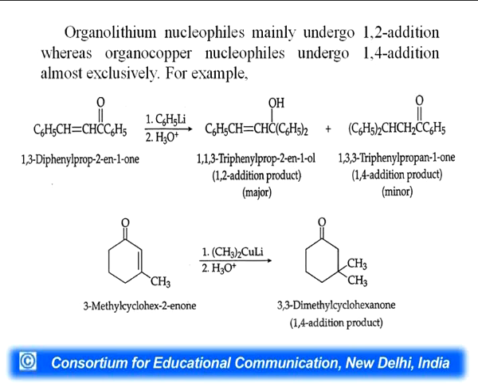The product is 1,1,3-triphenylprop-2-en-1-ol and the minor product is 1,3,3-triphenylpropan-1-one. Another example is when organocopper reacts with the ketone 3-methylcyclohex-2-enone, it will give the 1,4 addition product preferentially, and this is 3,3-dimethylcyclohexanone. So, we can differentiate.